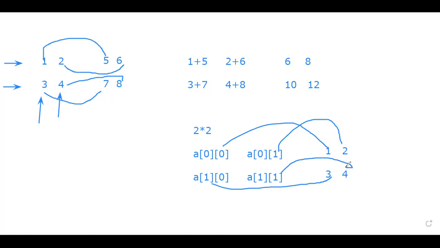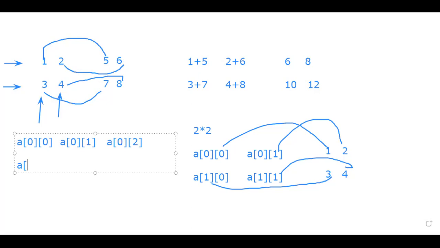If it is a 3 by 3 matrix, then the process is like this. What is the process? A of 0, 0, A of 0, 1, A of 0, 2.